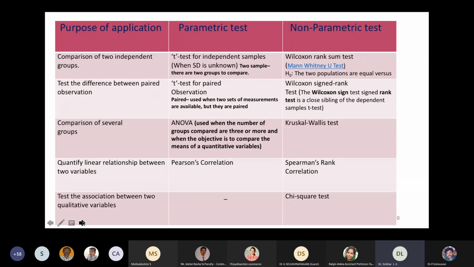ANOVA is the basic method that tells us whether a difference is there. That information tells us what kind of other tests we can go for, to find out why the differences arise. When it explains that there is a difference, for example that the stress level is different among engineering teachers, science teachers, and arts teachers, we can find out why that difference exists.